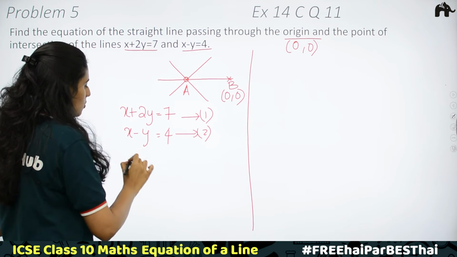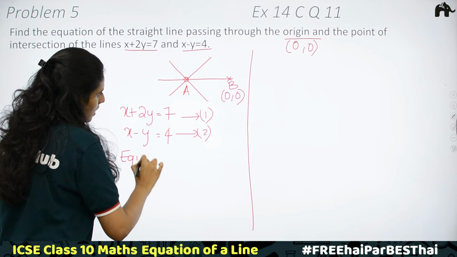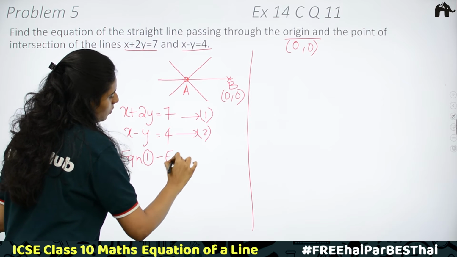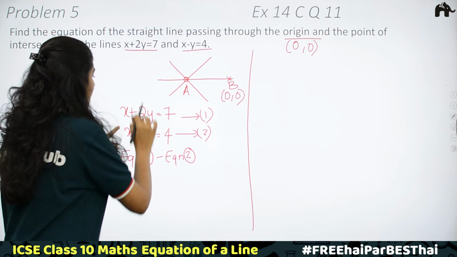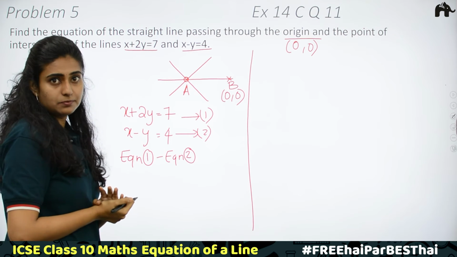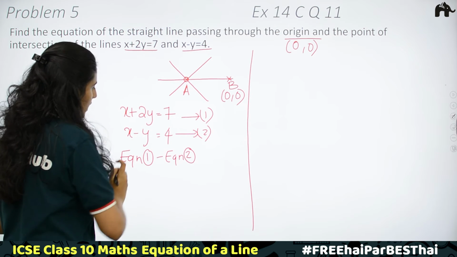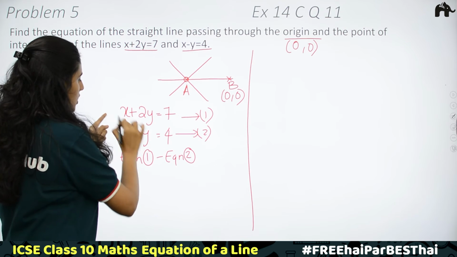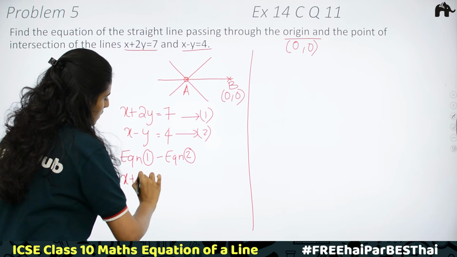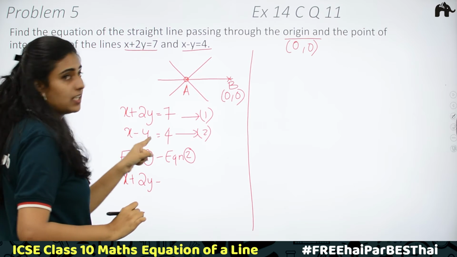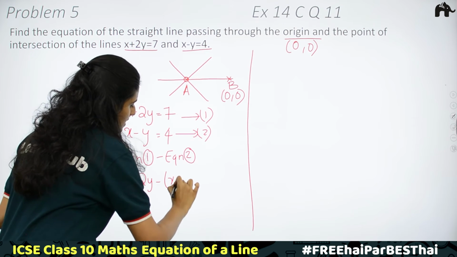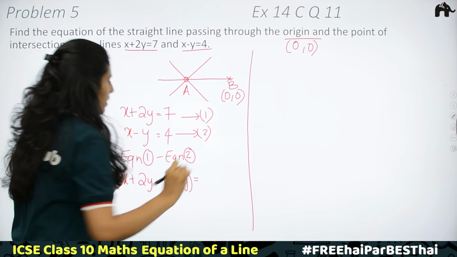Here, what I am going to do is equation 1 minus equation 2. I am subtracting the second equation from the first equation so that I can remove the x containing term. What do we get on the left hand side? Equation 1, x plus 2y, minus equation 2, x minus y, is equal to the RHS.